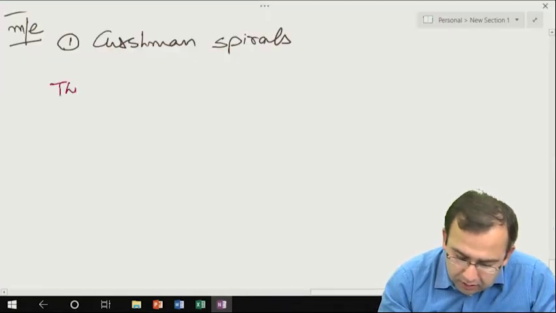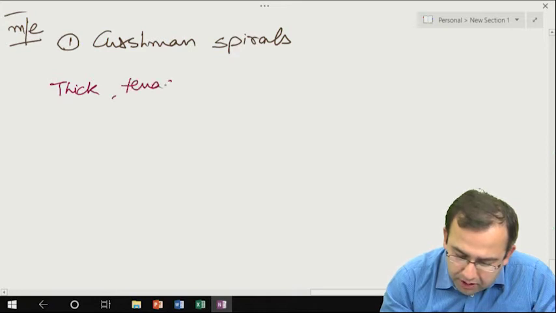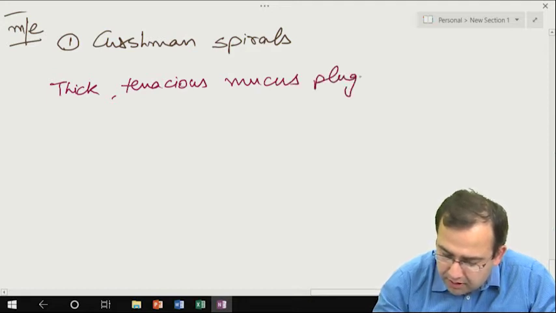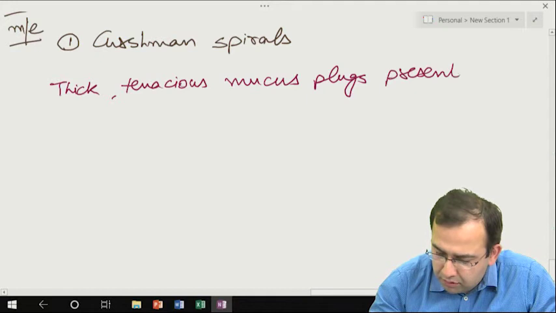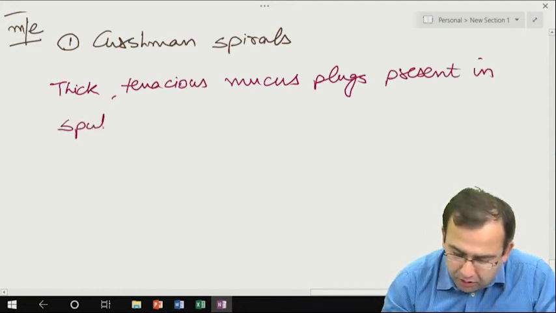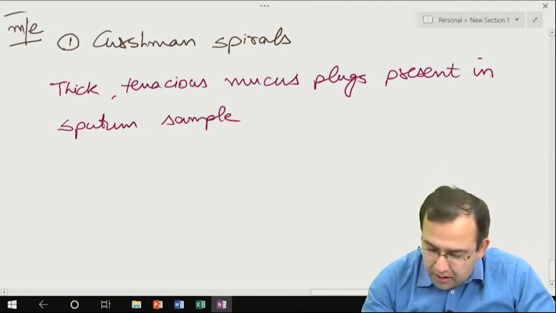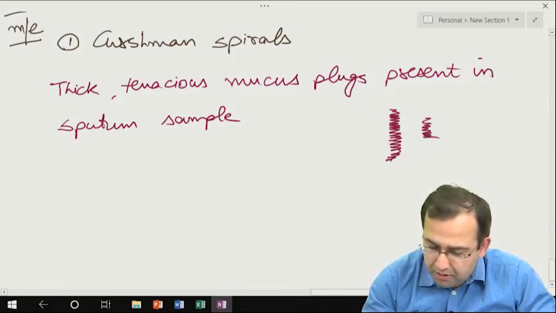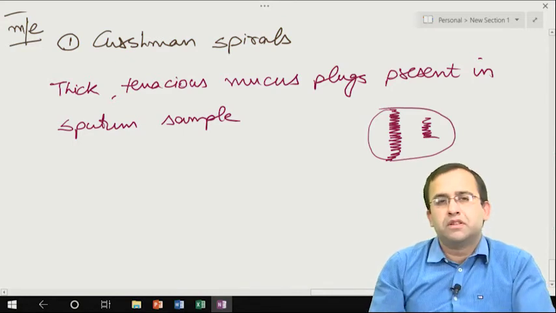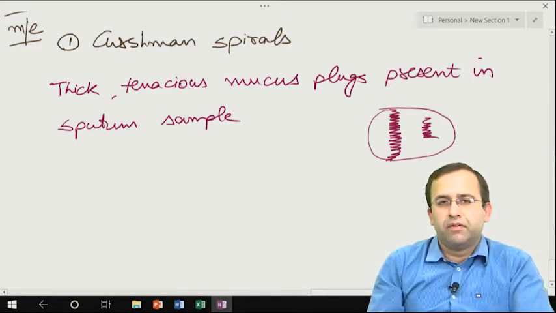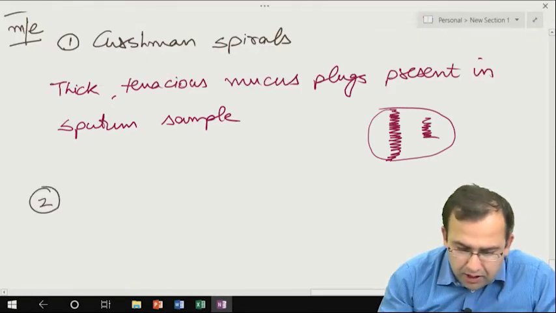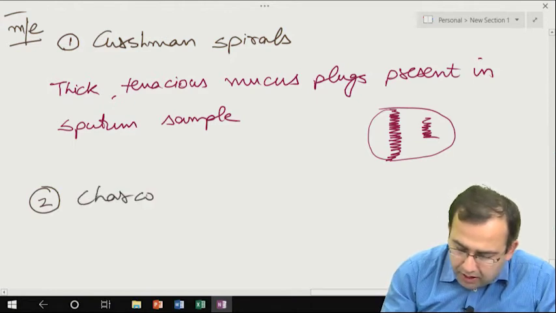These are thick tenacious mucus plugs present in the sputum sample, a thick mucus plug in a background of mucus. Kirschmann spirals.